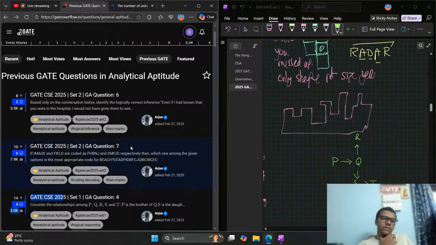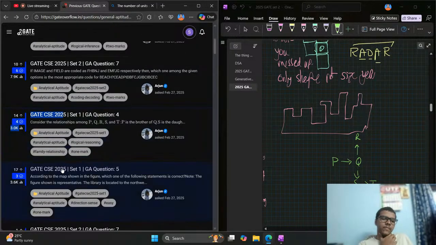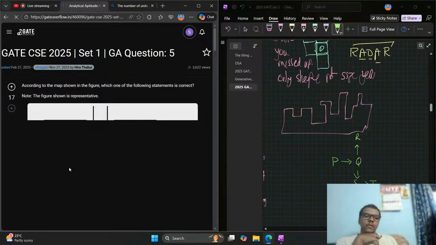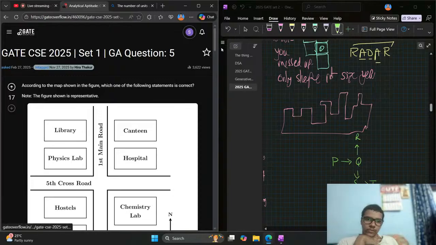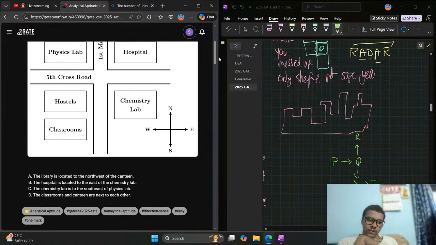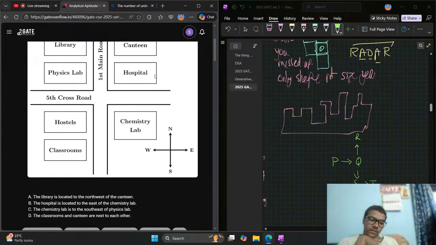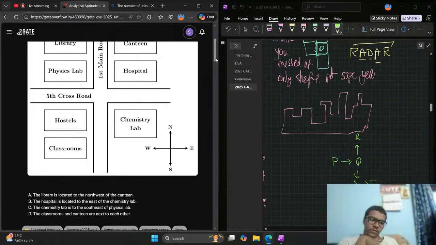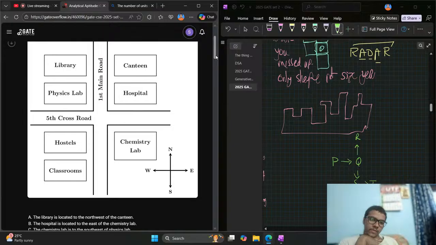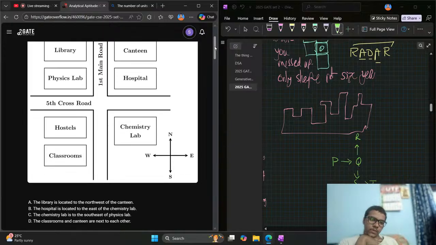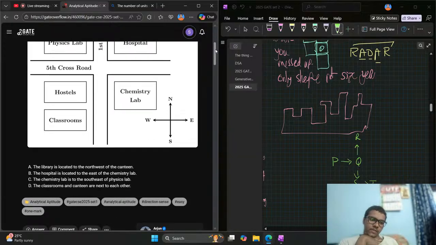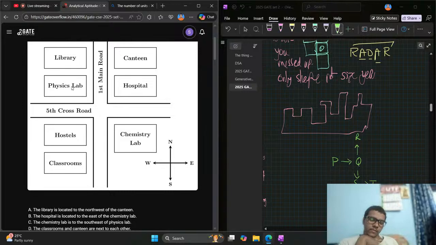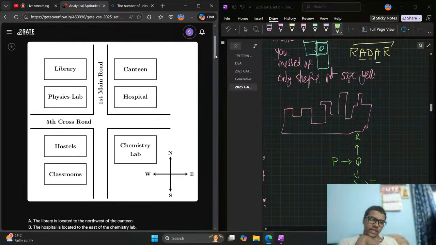Okay, question 4. We did this one too. The library is located northwest of canteen. Nope. The hospital is located to the east of chemistry lab. Nope. Chemistry lab is southeast of physics lab. Yeah. The classroom and canteen are next to each other.